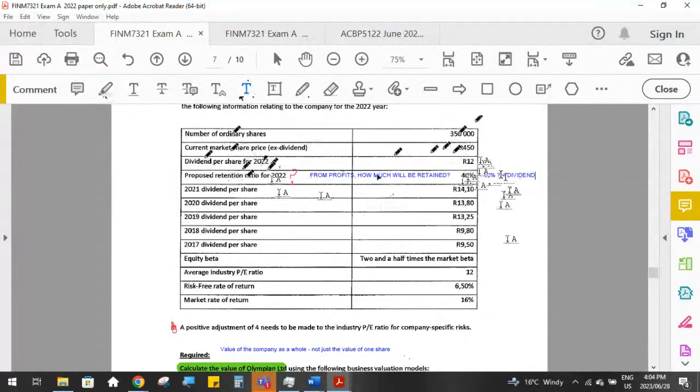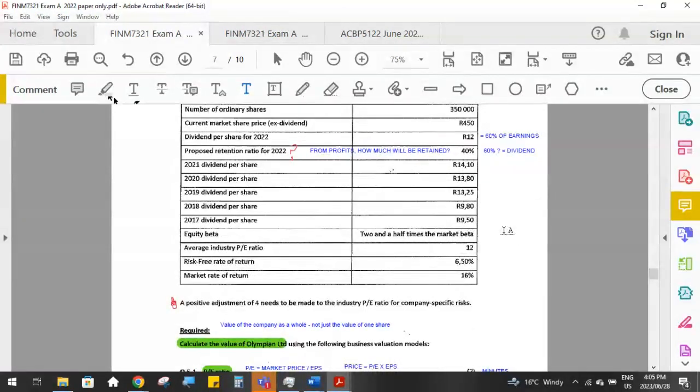So the dividend is then going to be 60% of total earnings, because we've been able to work that out over here. And if I know what 60% of earnings are, I can then, using maths, work out what 100% of my earnings are.